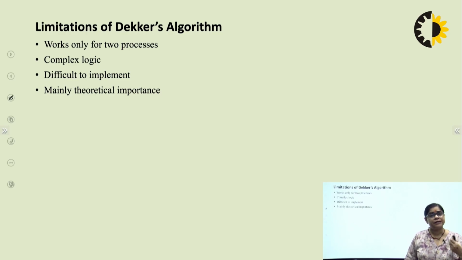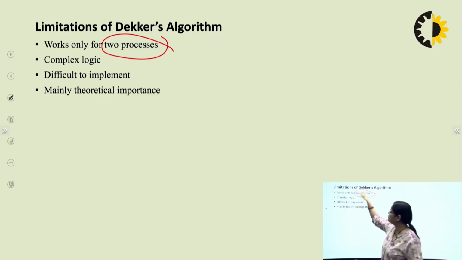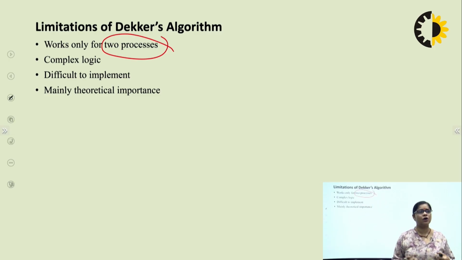Now, there are limitations of Dekker's algorithm, because it only works for two processes, and it has complex logic. Because we are using the do-while loop, and we are checking if turn is equal to j, if there are two processes Pi and Pj, and if process Pi has raised the flag, whether process Pj is entering or not.